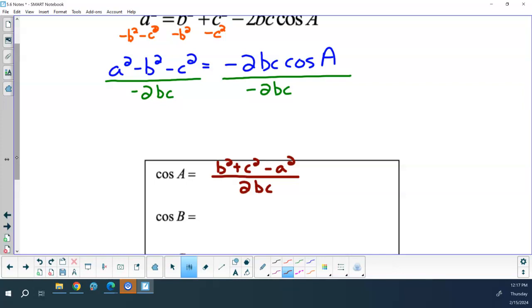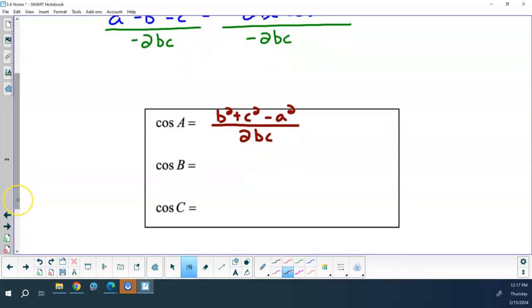Now, all of that math is going to be the same to get cosine of B, so I don't have to do all that math again. I'm just going to swap positions with a and b. If I swap positions with a and b, then this would be a squared plus c squared minus b squared all over 2ac.